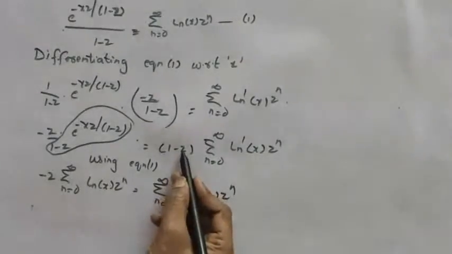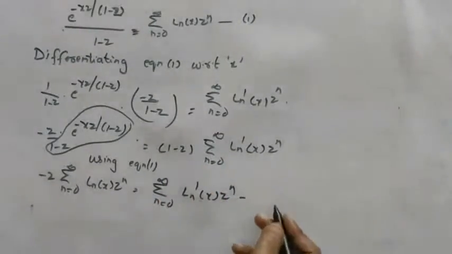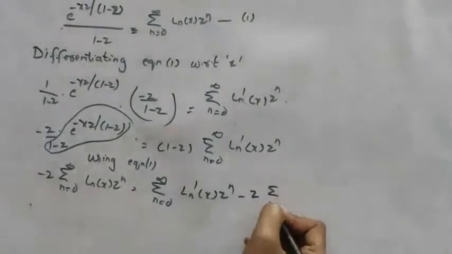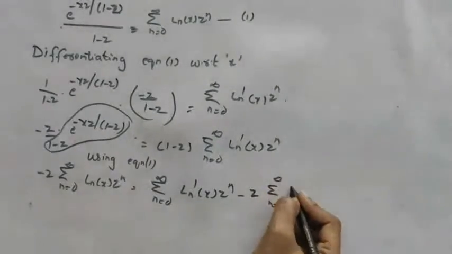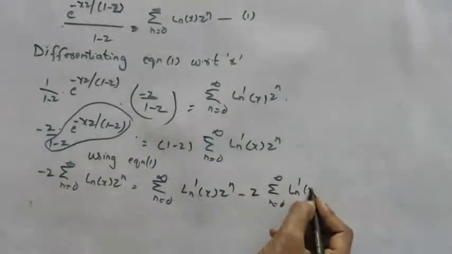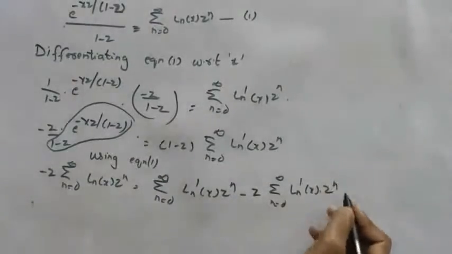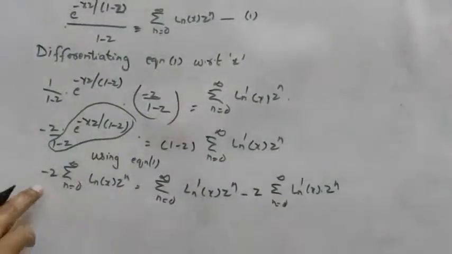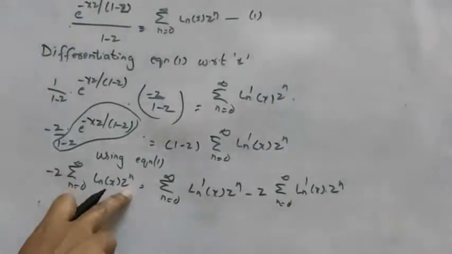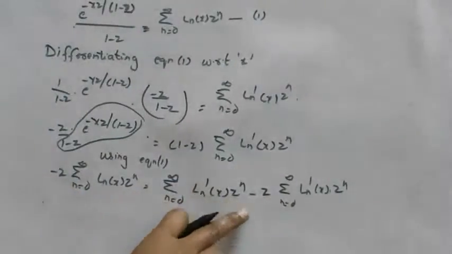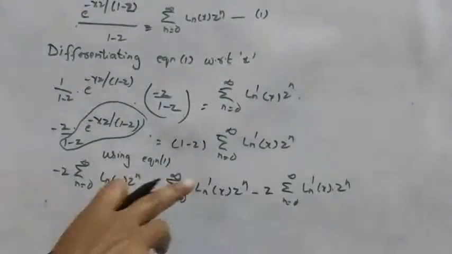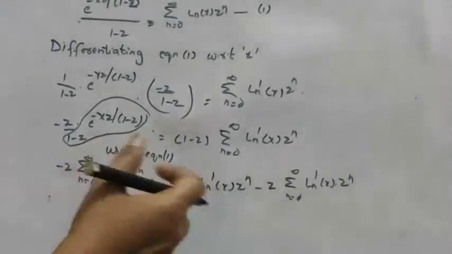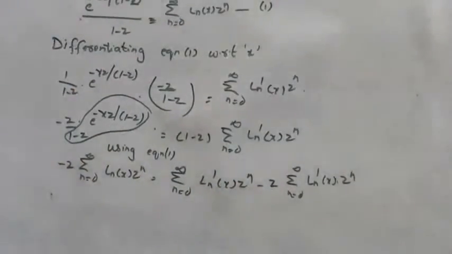Next, minus z summation n is equal to 0 to infinity Ln dash of x into z power n. Now you clearly observe that a z term is there here, and here also a z term is there. As bases are the same, powers can be added.